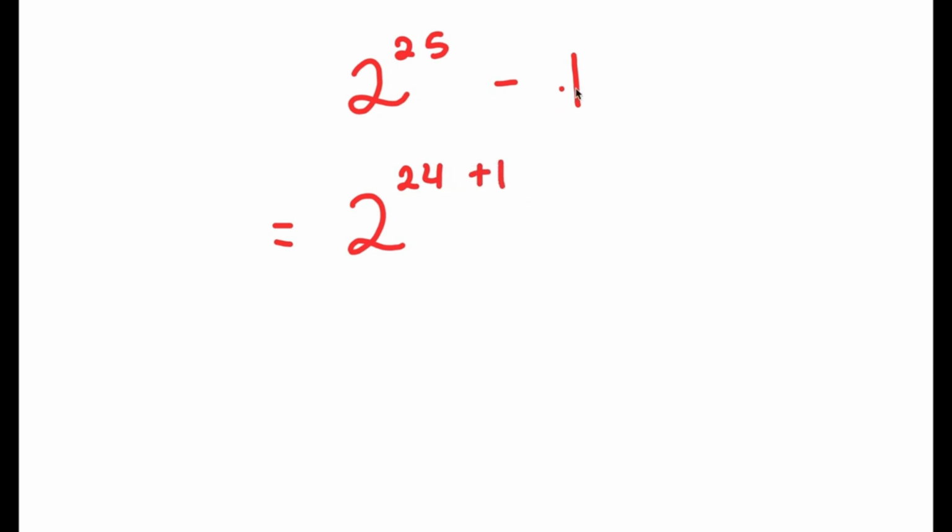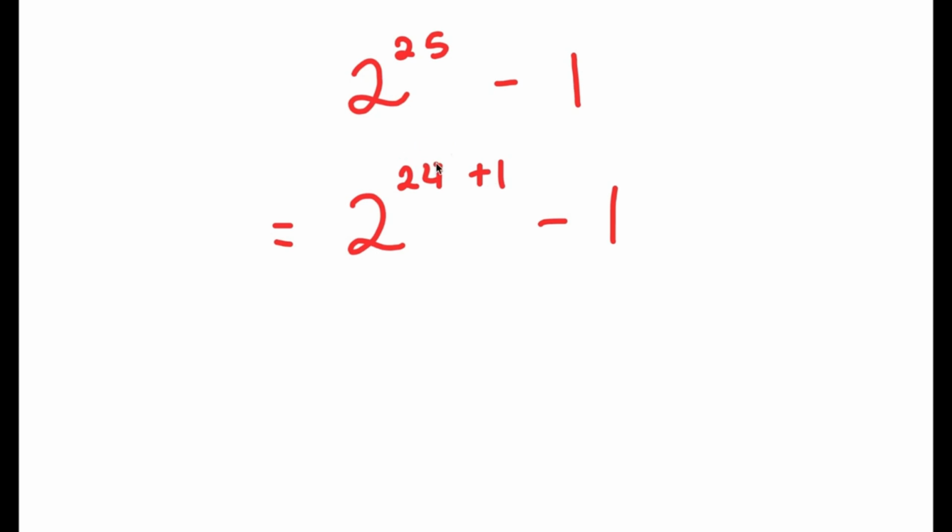Alright, so in this video, I'm going to solve the problem 2 to the power of 25 minus 1. So to first start, I'm going to rewrite 2 to the power of 25 as 2 to the power of 24 plus 1. And then we have our minus 1 at the end.